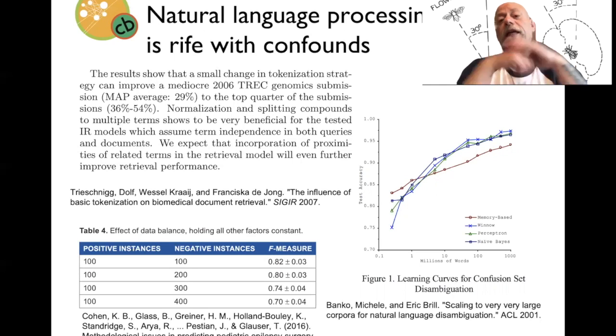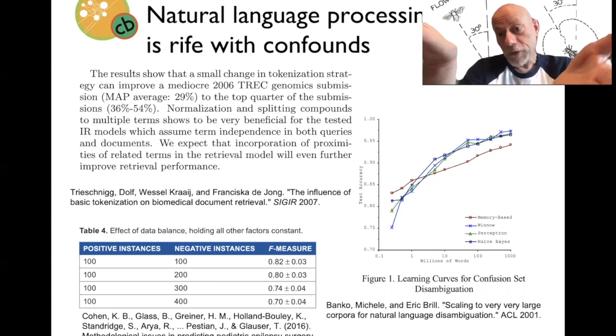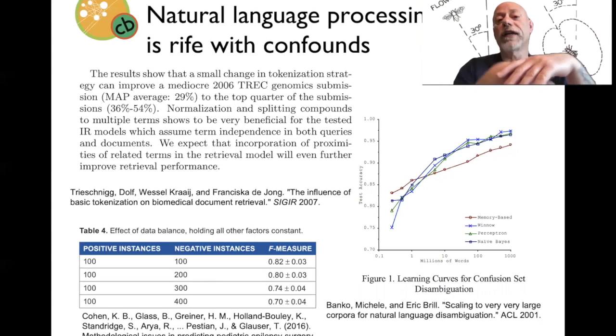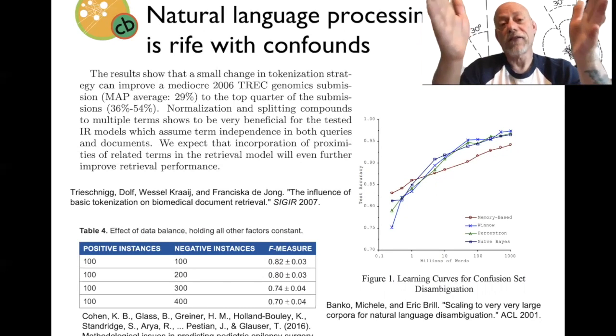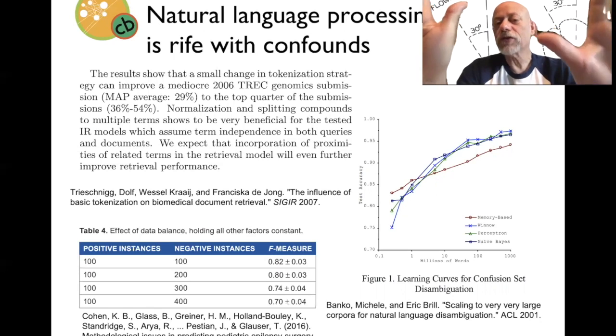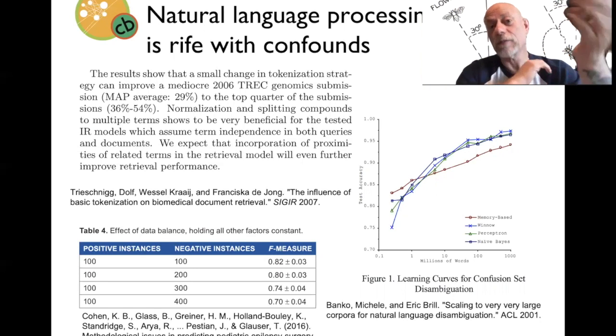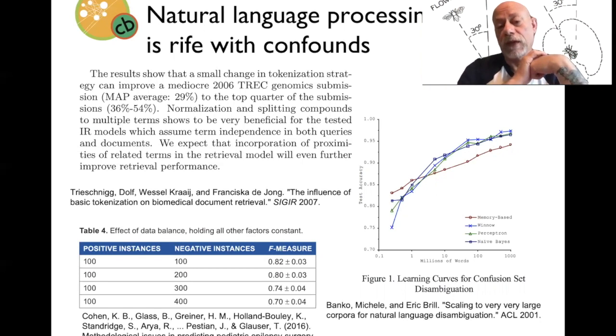Now, if you're reviewing a paper on an algorithm and tokenization could explain the results as easily as the choice of algorithm, and you can't tell the difference, you have a confound. It's not a paper you're going to accept. It's a wonderful paper. I think one of the most important of the past decade or so.